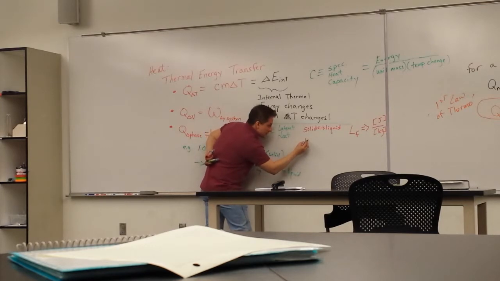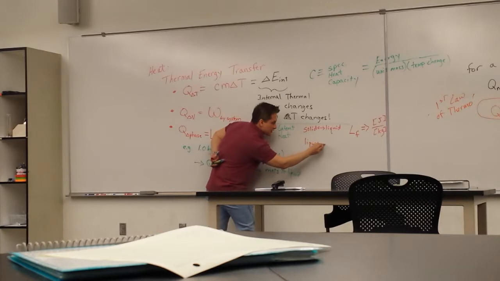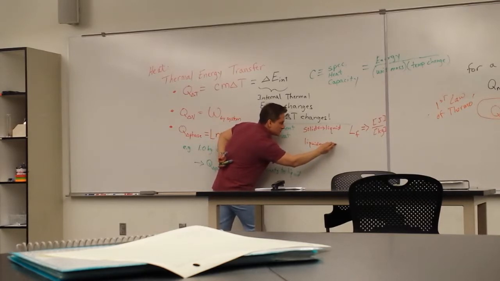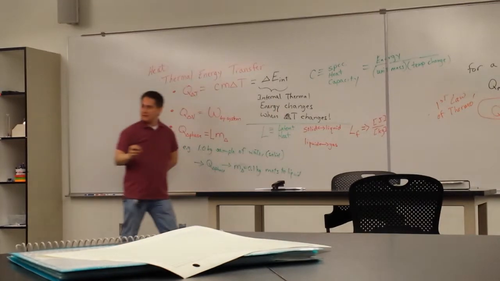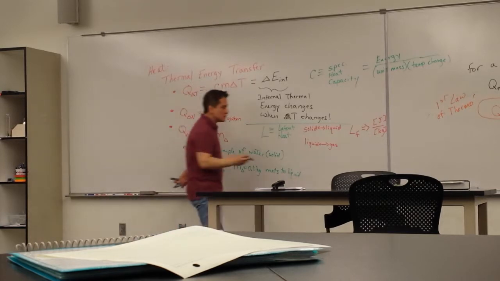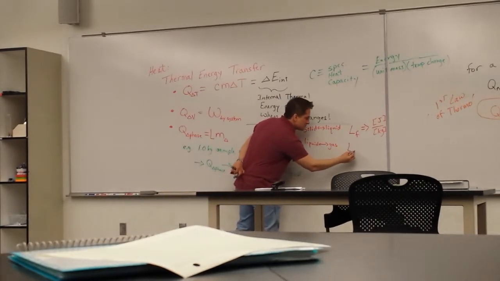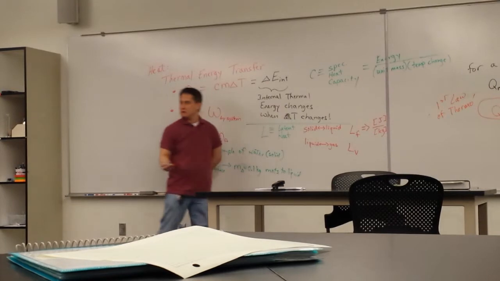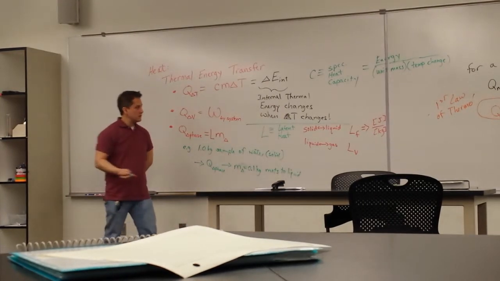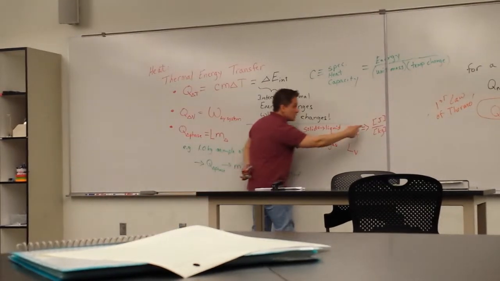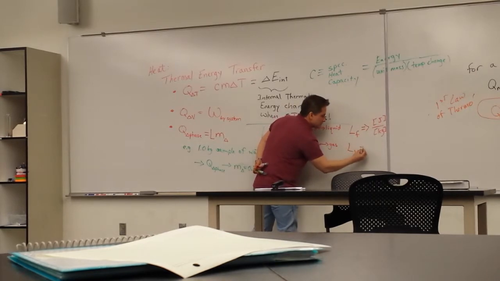There's also a different value, but a characteristic liquid to gas latent heat. And this is called the latent heat of vaporization, or L_V. Again, the units are joules per kilogram.